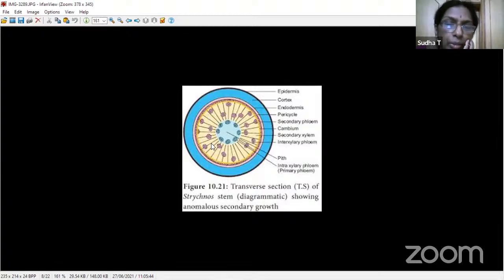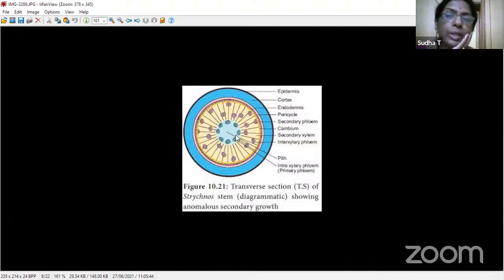But here, what actually happens is, in the case of other Bignonia, we have seen the phloem formation at right angles, a cross-like arrangement of the phloem inside the xylem. That is what I told you as intruded phloem inside the xylem.